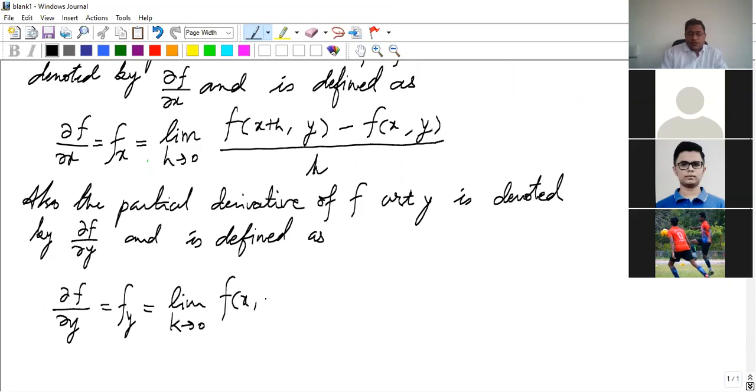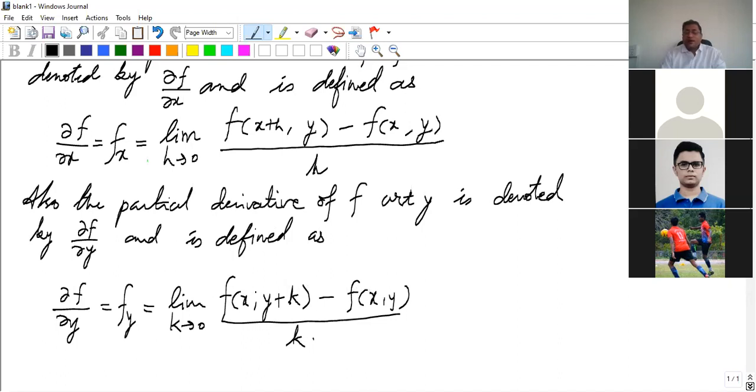X is treated as a constant, so there is no change in x, but now there is change in y.